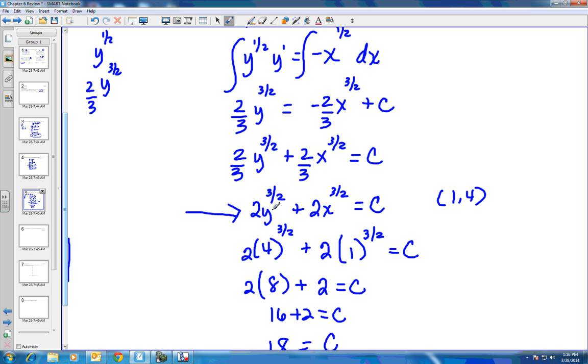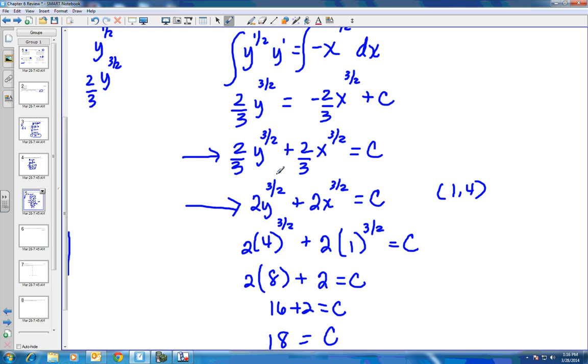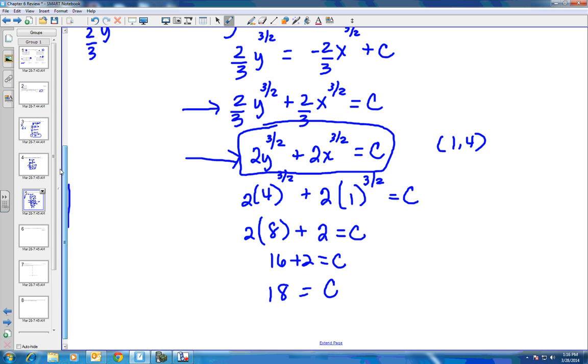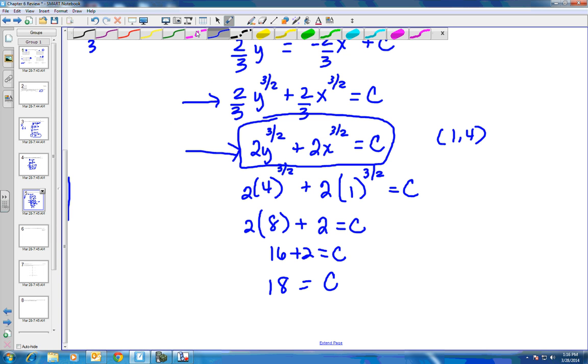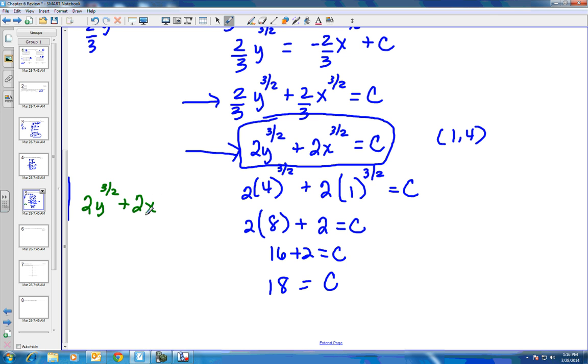I'm plugging it into either one. I can plug it into this one or this one. Are we good with that? So I'm going to plug it into this one right here. So when I plug it into that, here's what I have. I have 2y to the 3 halves plus 2x to the 3 halves equals 18.